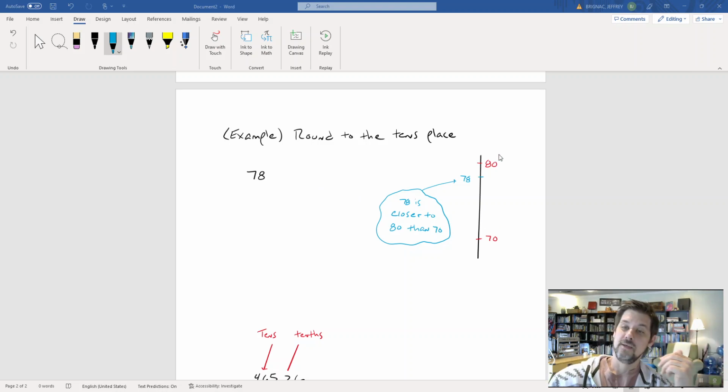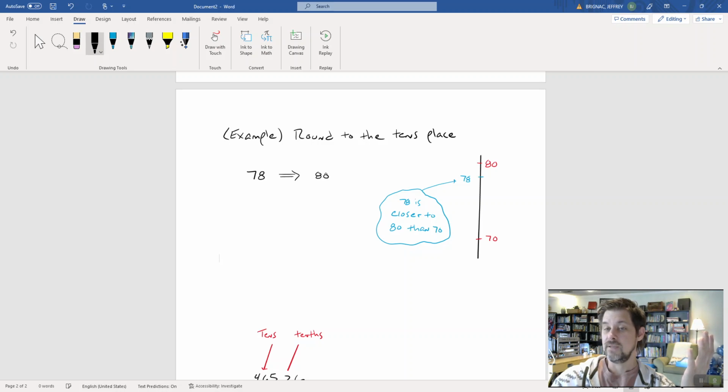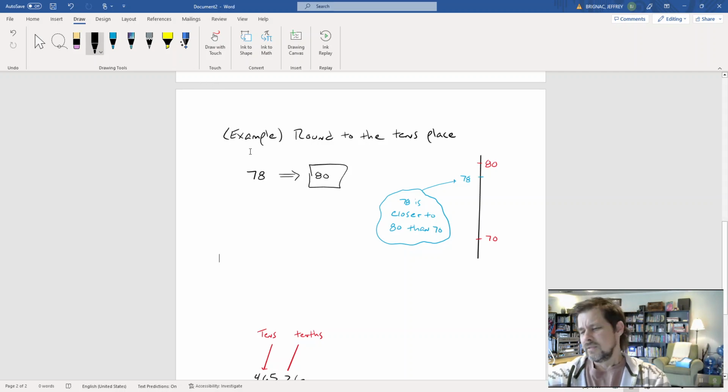Obviously 78 is closer to 80 than it is to 70. So if I was going to round this to the tens place, then I would be calling it 80 because it's closer to 80 than it is to 70. So that's roughly how it works. You can think of any rounding problem along those same lines.